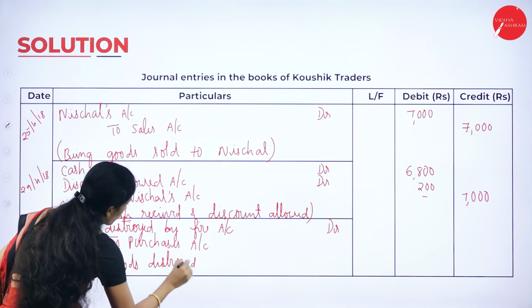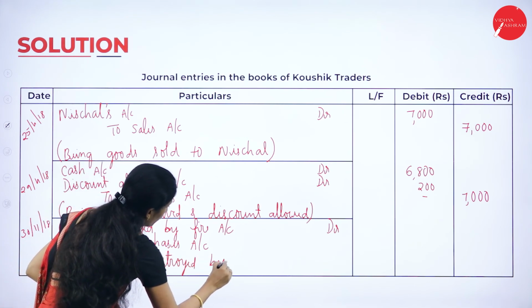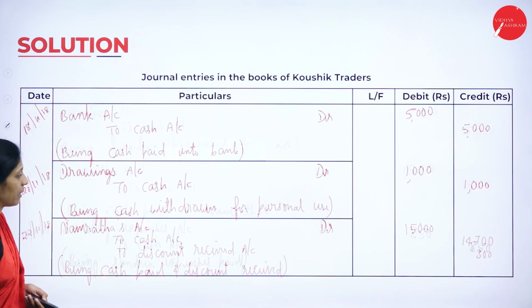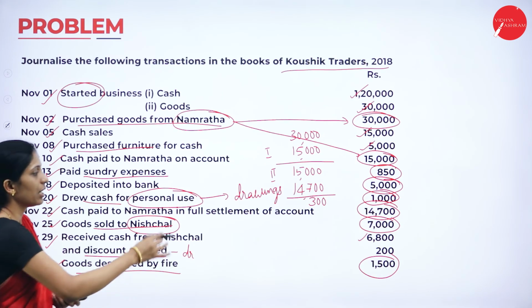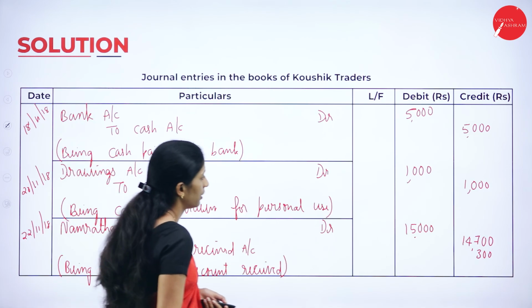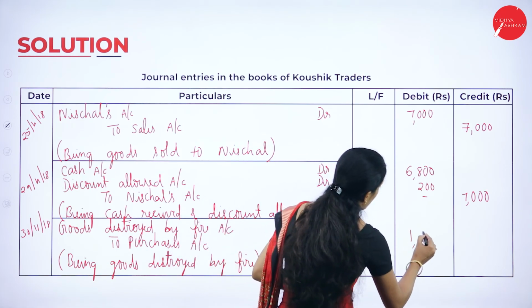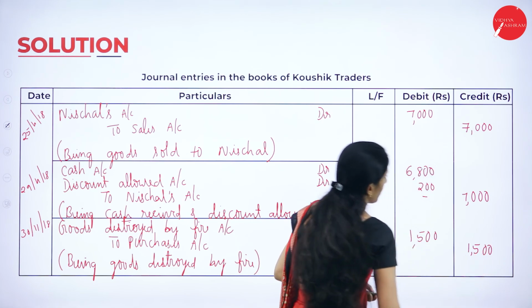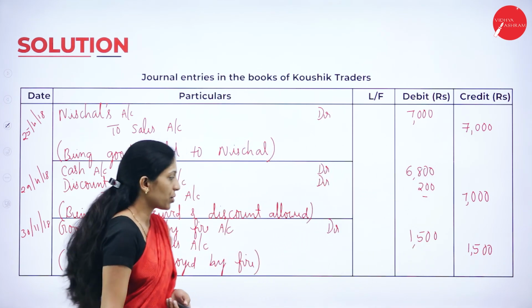Close the bracket. What is the amount of goods destroyed? 1,500. So write that 1,500. Yes, we are done with all the journal entries.